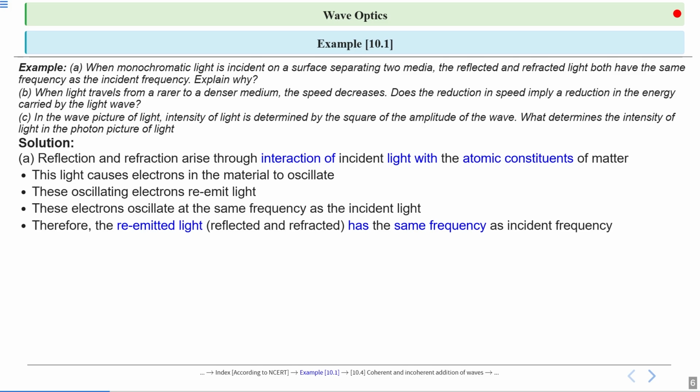Re-emitted light can be reflected, or both cases can be considered, reflection and refraction. Re-emitted light in the case of reflection and refraction has the same frequency as incident frequency, because re-emitted light is produced from oscillation of electrons. So the frequency of oscillation of electrons is the same as the frequency of incident light. That's why re-emitted light also has the same frequency as the incident light.